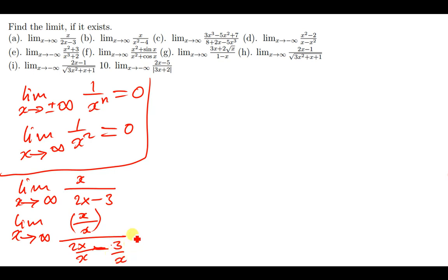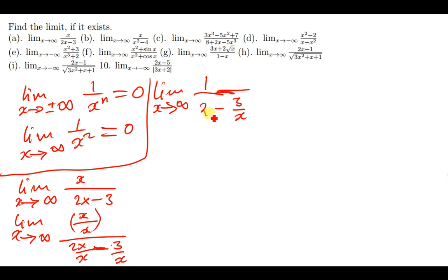It's just a matter of dividing everything in the function by x. When we divide everything by x, the numerator x over x gives me 1. On the denominator, 2x over x gives me 2, and then 3 over x stays as 3 over x. Now we find the limit of this expression when x is approaching infinity.